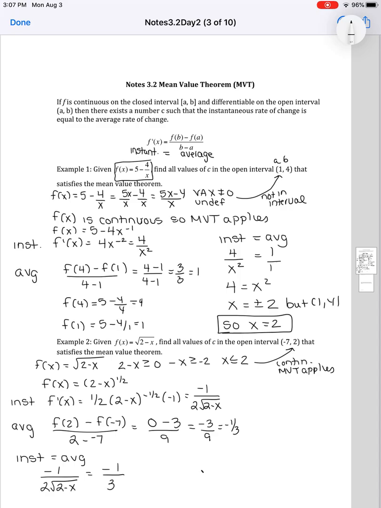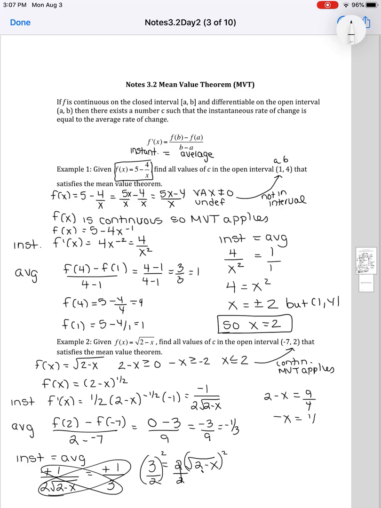Then I'm going to set my instantaneous equal to my average. I have two fractions, which means I'm going to do cross multiplication. They're also both negative, so I'm just going to make them positive. So 3 equals 2 radical 2 minus x. Divide by 2. Square both sides.